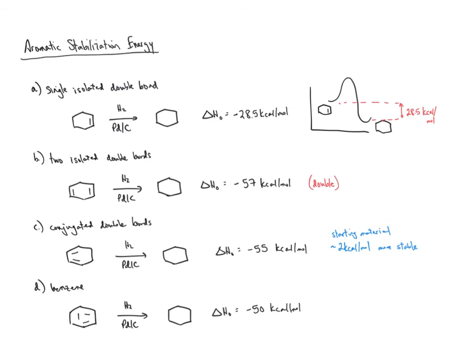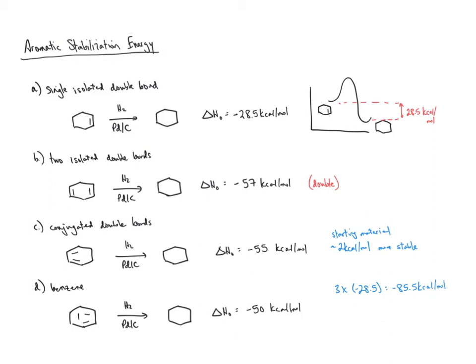Benzene is aromatic, and thus much more stable than cyclohexatriene. One might try to predict the delta H naught by the following formula, right? 3 times minus 28.5 kcals per mole, that's going to equal minus 85.5 kcals per mole.